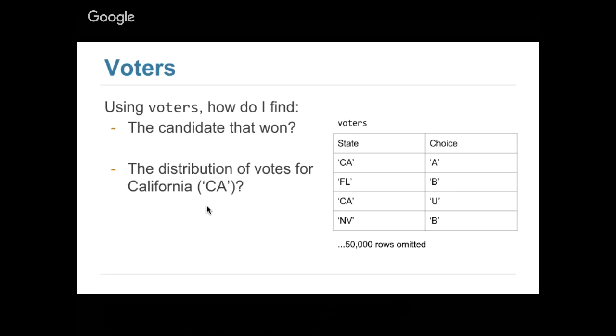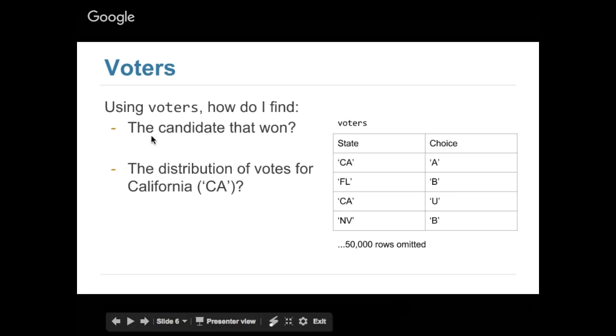Once you have the overall steps down, converting between types is usually adding a .column or something else to it. So how do I find a candidate that won? My approach here would be to say, okay, I want to look in the choice column and figure out which candidate got the most votes.